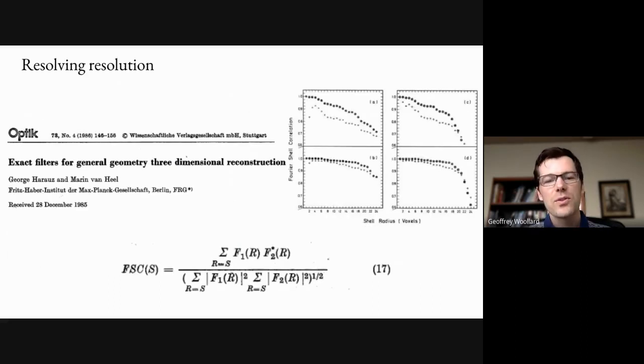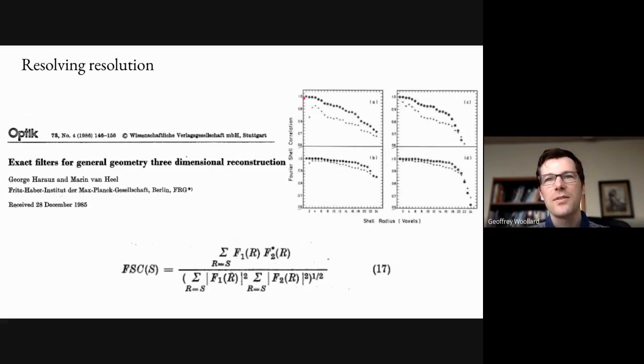Resolution, since there's no ground truth, is quite a hot topic in the field, and there's lots of spirited voices. An approach for putting a number to the resolution is to split up the data into two groups, independently analyze it, and then compare them to each other.